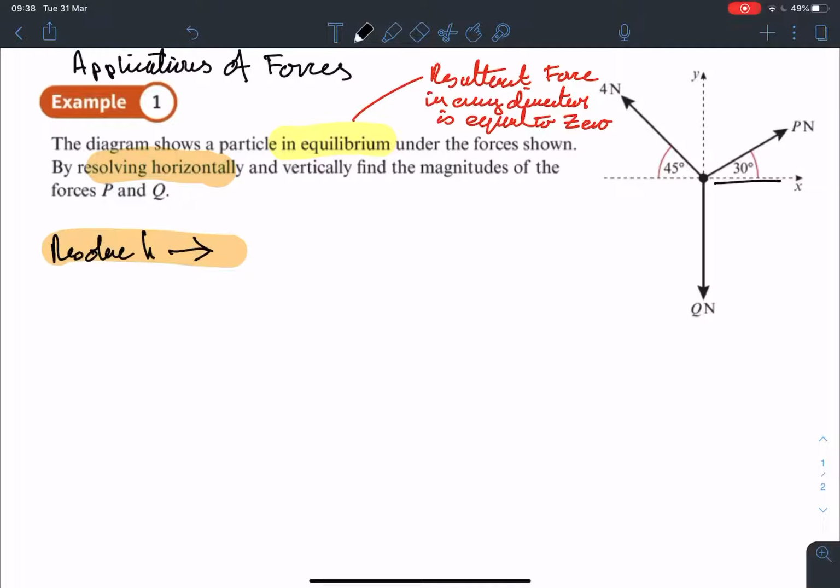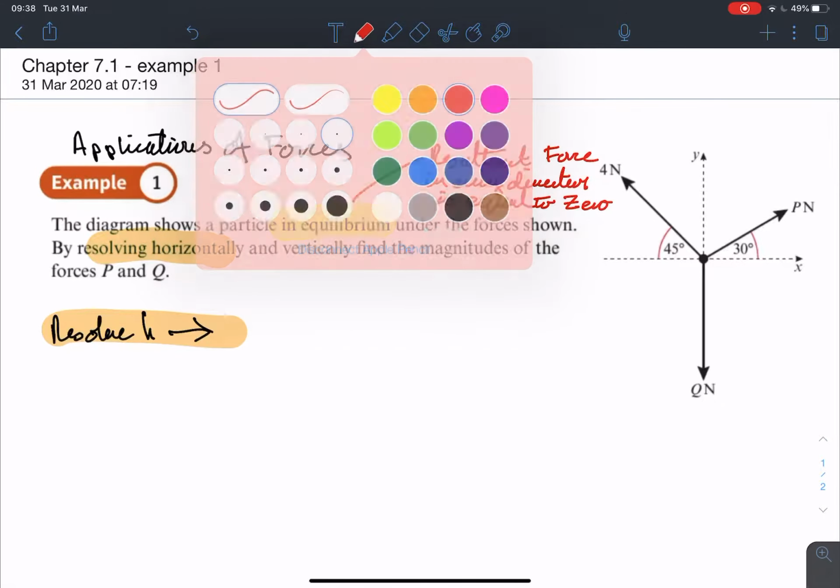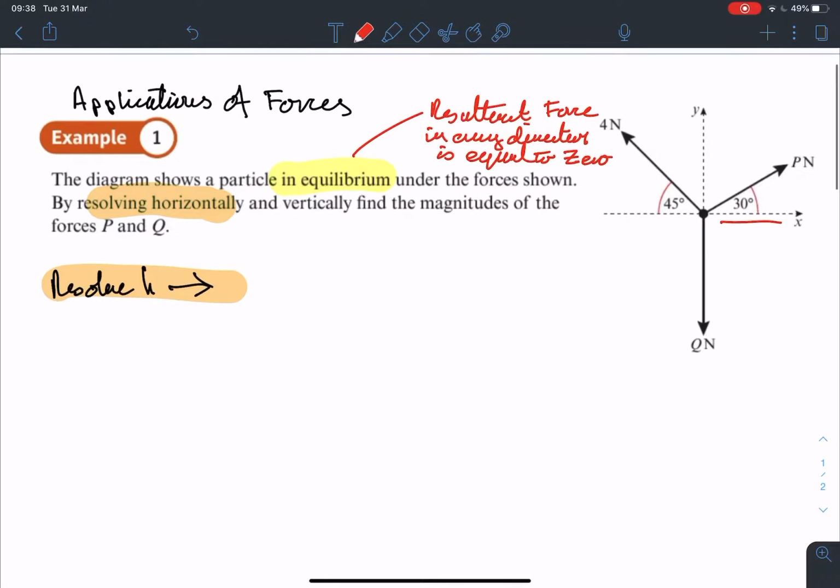So, horizontally, we get P cos 30, because it's adjacent to the angle. And on the other side, we've got 4 cos of 45 because it's adjacent to the angle.